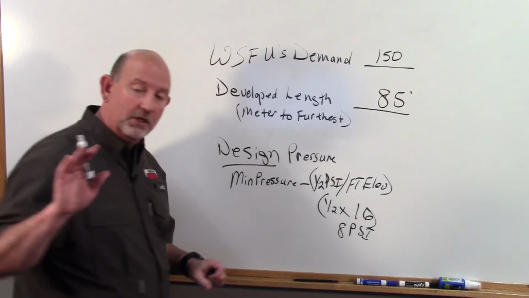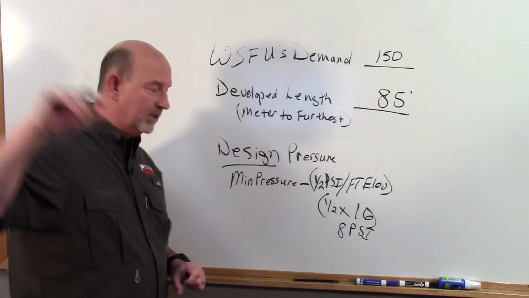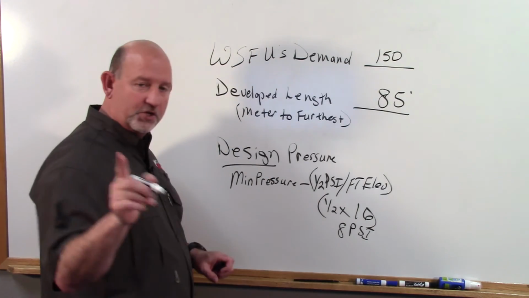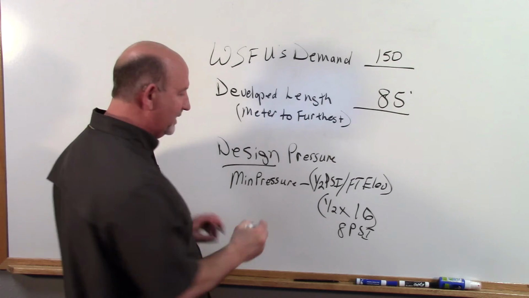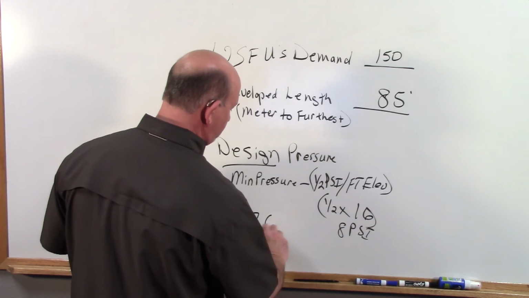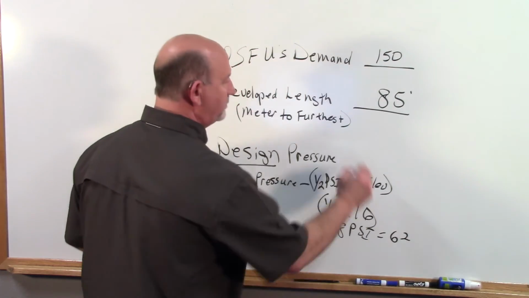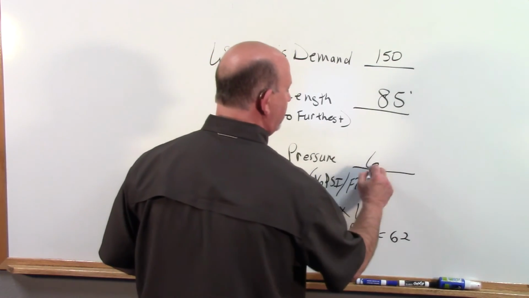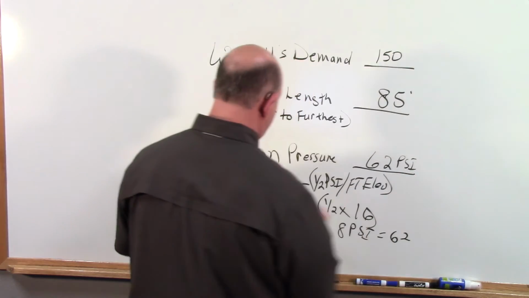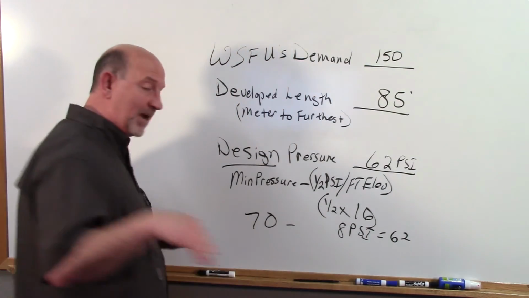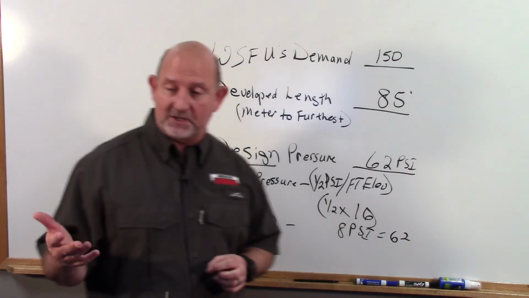That's how much pressure we're going to lose pushing that water uphill. So if my minimum pressure, according to this design, 70 to 80, my minimum pressure is 70. 70 minus 8 equals 62. That's going to be my design pressure of 62 PSI. Now that I have those 3 things, I'm ready to plug this in to a sizing table.